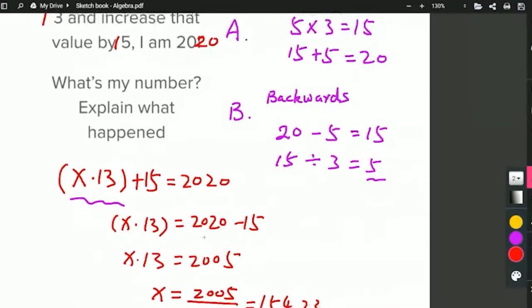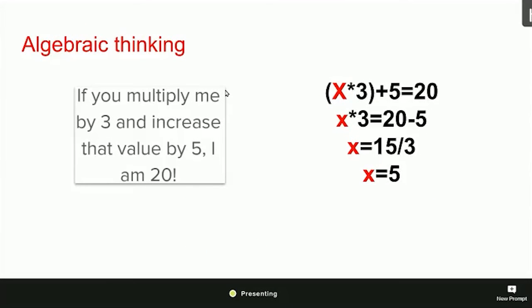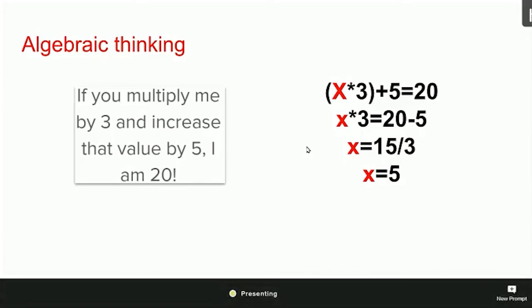And the secret is to use a letter, use a symbol to represent some unknown value, some unknown number. Okay, so this is the most important message I want to deliver to you. And this is probably the most important message you need for algebra.